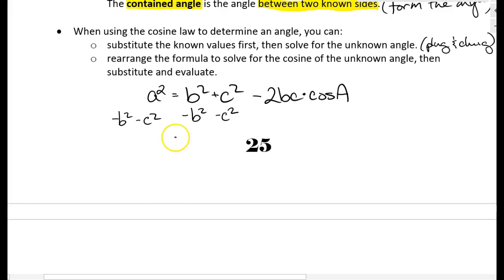So now we've got a squared minus, and we could even put it in brackets, b squared plus c squared. Subtract all of that. Equals negative 2bc cosine A. Well, now all of this is multiplication, so it's all one term.